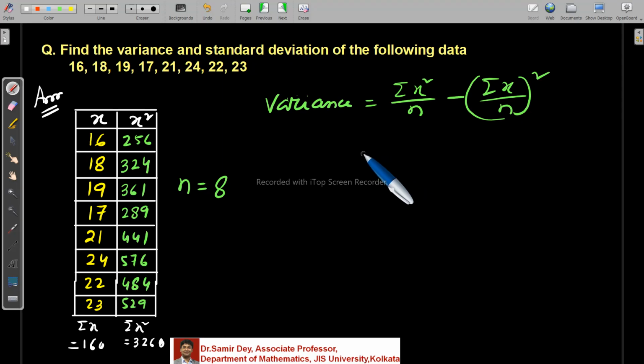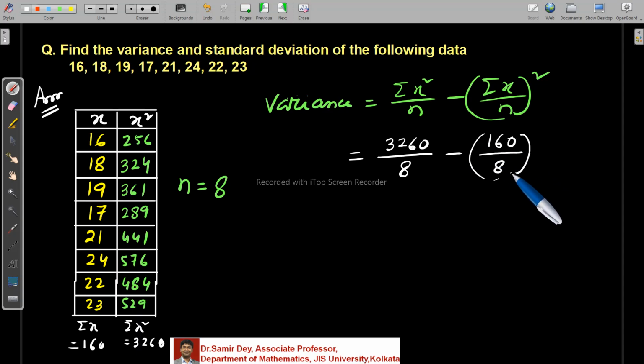Please check. Now if I substitute the values, it is 3260 by n, means 8, minus 160 by 8 whole square. If I simplify, it is coming 407.5 minus 400.